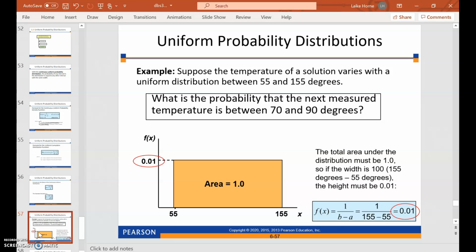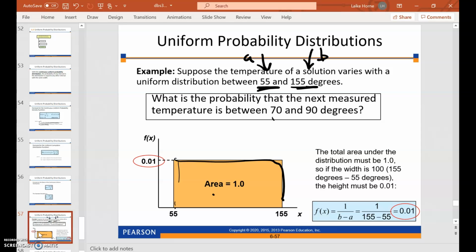Okay. The highest possible value is 155 for this interval, and the lowest is 55. So those are your A and your B. Okay. And then the area under your distribution is still going to be 1.